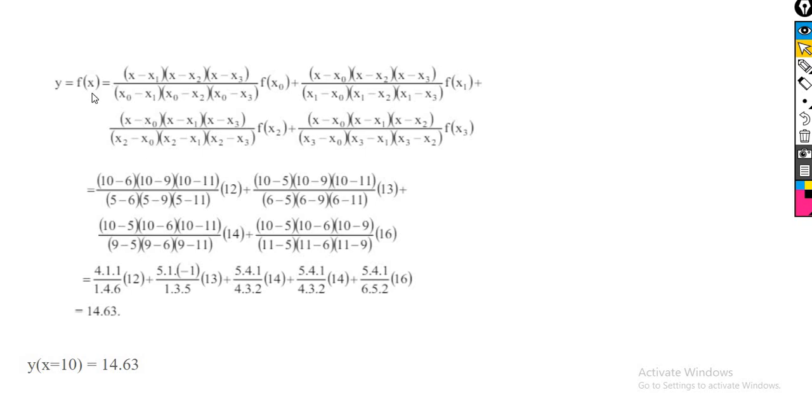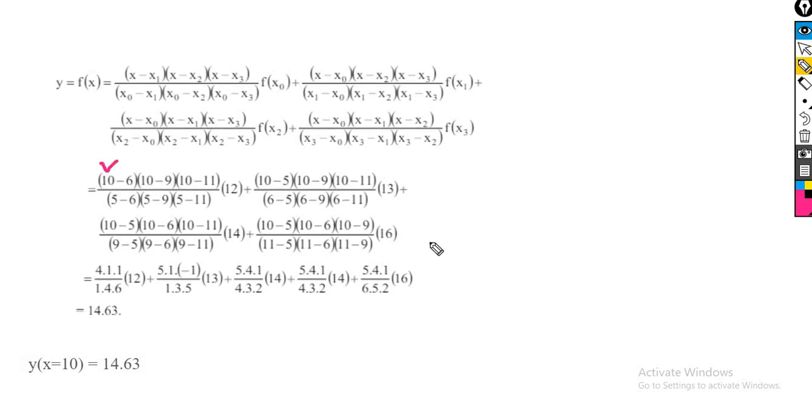Now put the values. You need to find your function at x is equal to 10, so you put x is equal to 10. The x values are given as 5, 6, 9, 11. So x1 is 6, x2 is 9, and x3 is 11.